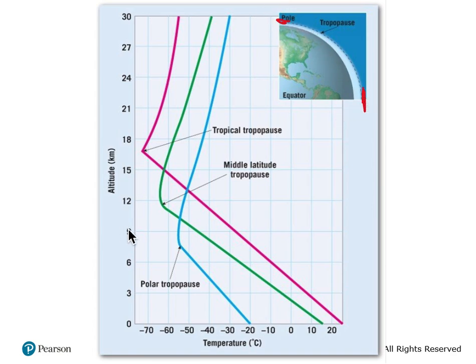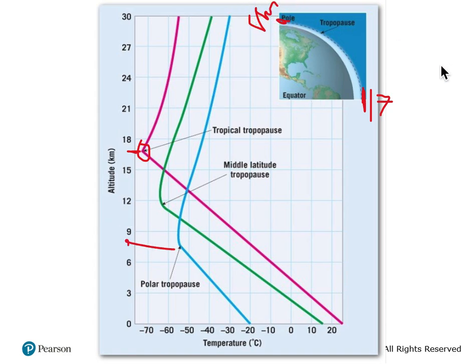We see that here as well. So this is the height of the tropopause. The altitude of the tropopause is 17 kilometers, for example, compared to the poles, which is around 8 kilometers roughly.